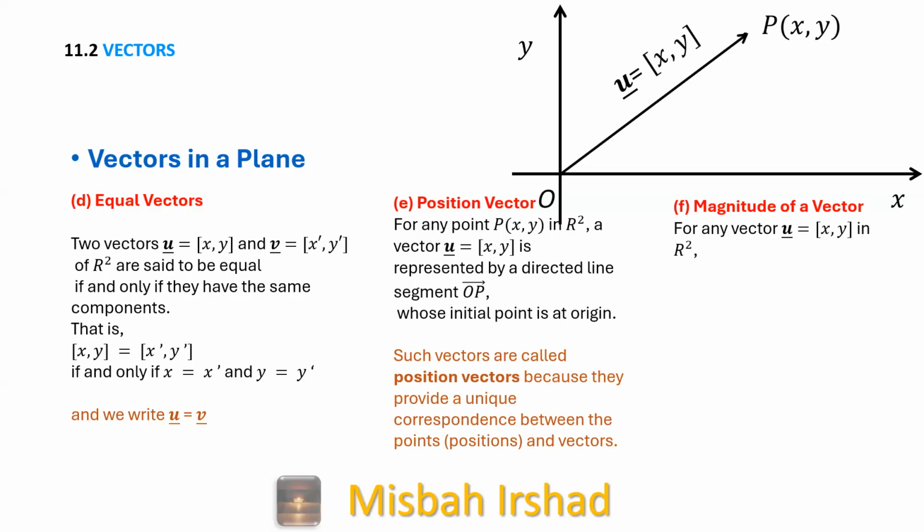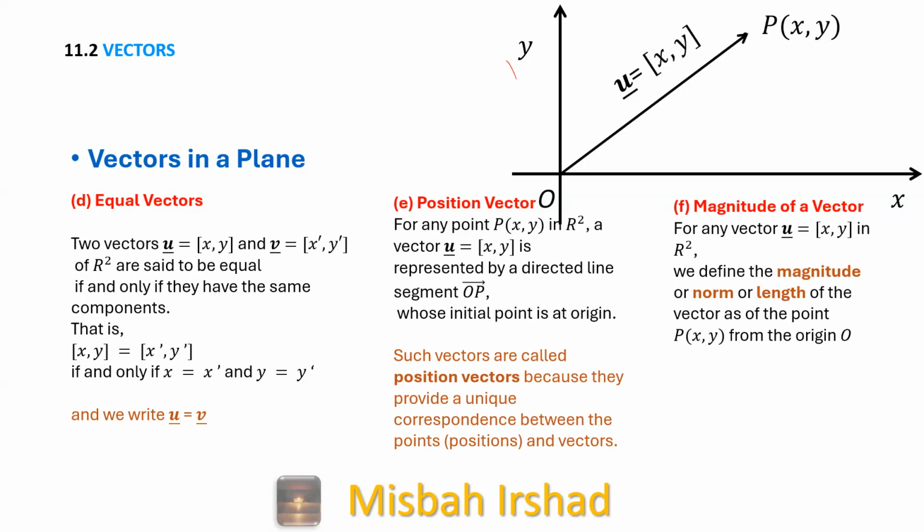The magnitude of a vector is defined to be the length of the vector, right? So if we have this vector u, OP, whose components are x and y, then the magnitude of this vector is the length OP. In order to find the length OP, we draw this right angle triangle. Now OP is the hypotenuse of this triangle, and this is the right angle.